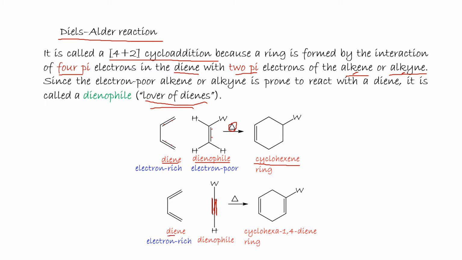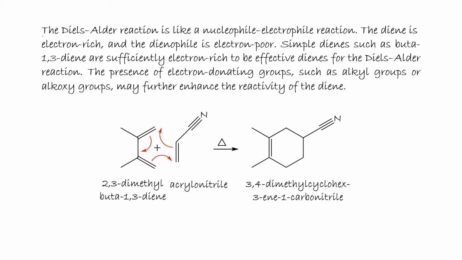When we react a diene with a dienophile alkyne, we get a cyclohexa-1,4-diene ring. The Diels-Alder reaction is like a nucleophile-electrophile reaction. The diene is electron rich and the dienophile is electron poor.